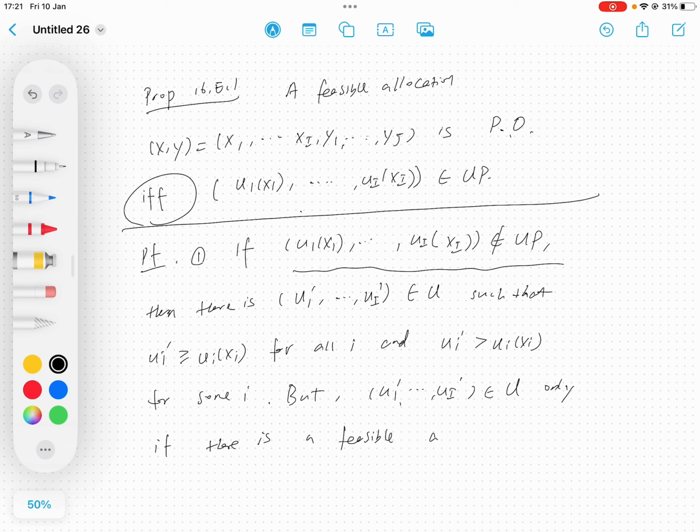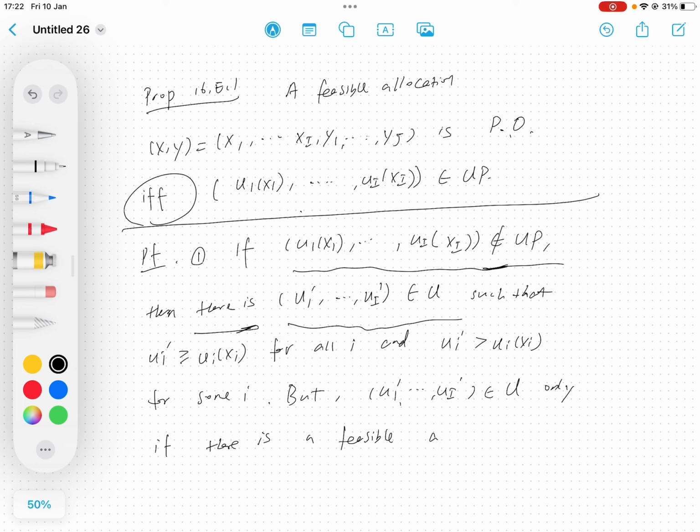Because we do not have this as an element, there is some utility vector u1 prime up to uI prime in the set U such that ui prime is greater than or equal to ui(xi) for all i, and strictly greater for some i.